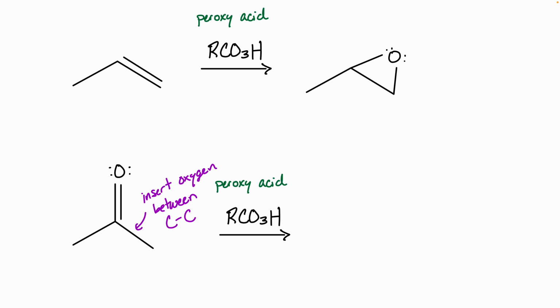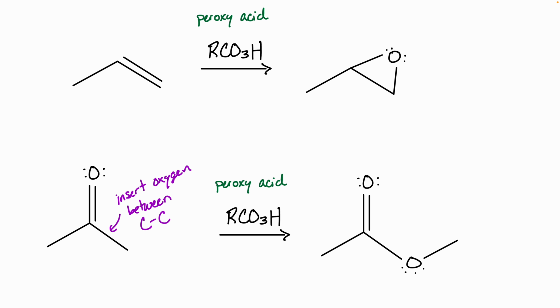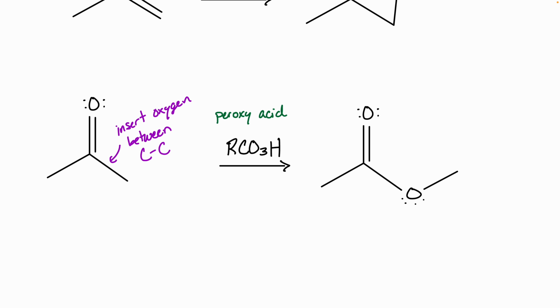So I'm going to have as my product here an oxygen between those 2 carbons. I've created what functional group here? Ester. Now in this case, for this particular ketone, acetone, it wouldn't have mattered which side I chose. I would have got the same product regardless of which side I chose.